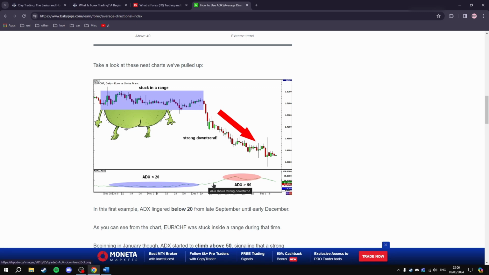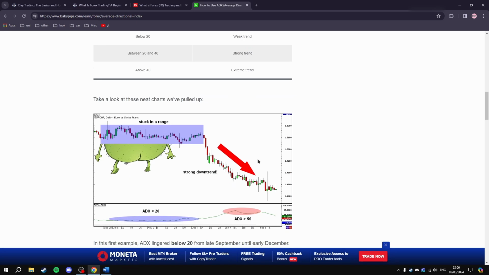So we can see the rise happening here. There's the ADX 50. Extreme trend, as they called it. So very obvious. But is this a lagging indicator as well?